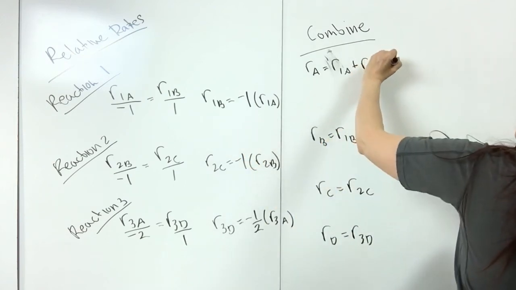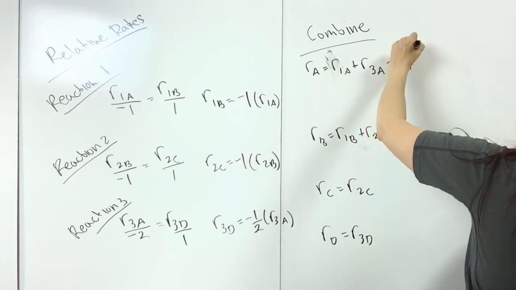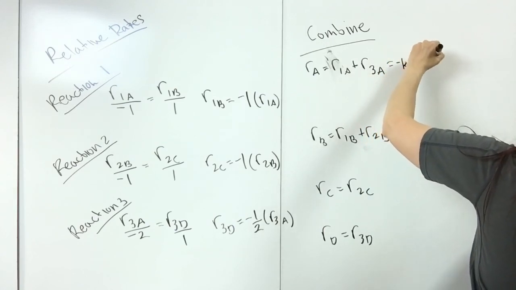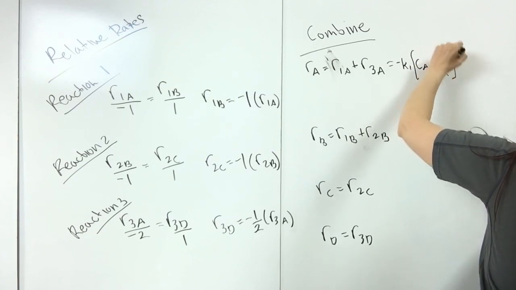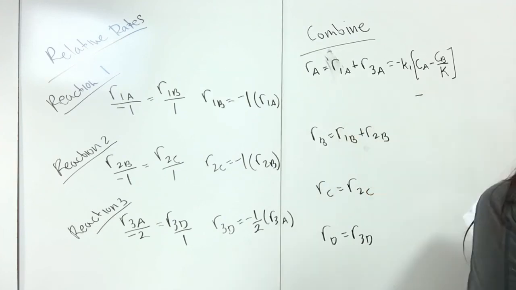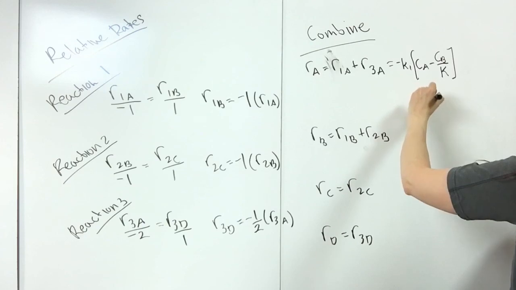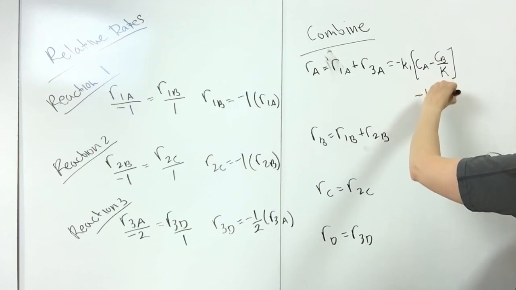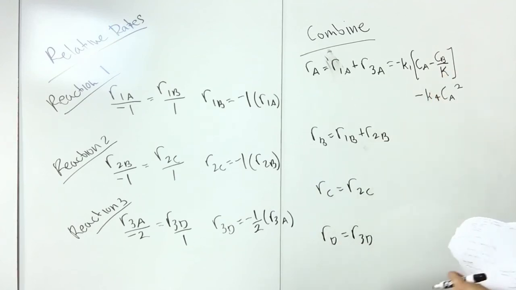First of all, we know that R1A was minus K1 (CA minus CB over K). And then we have minus R3A, and that was K4 CA squared.